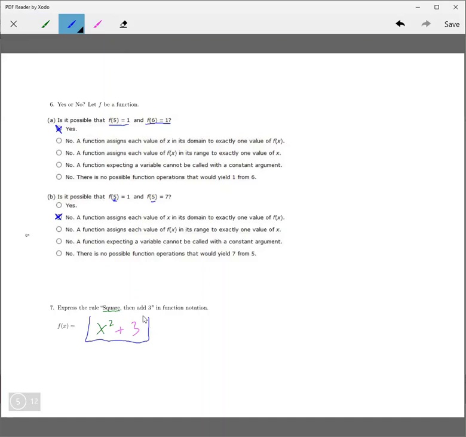So again, start with x and do this operation to x, so you end up with x squared, and then add 3 to the result.